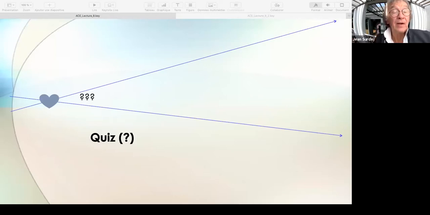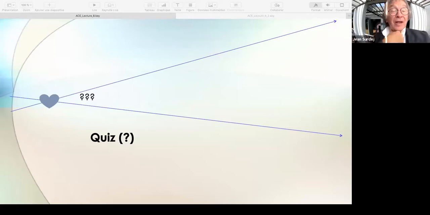My question is the following: what shall I see? Shall I see a sun, a yellow sun, or a gray sun? Inverted image or not inverted? Or shall I see a heart, inverted or not inverted? Or would the heart be yellow, and inverted or not inverted? So you see the many possibilities.